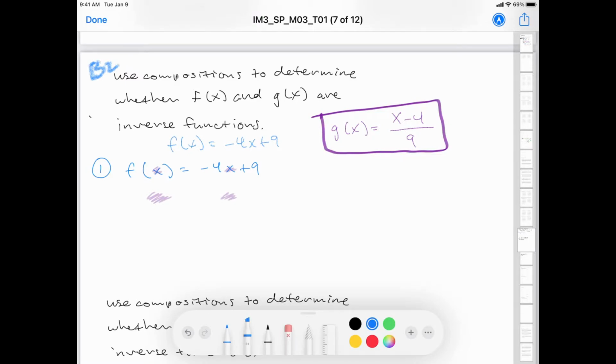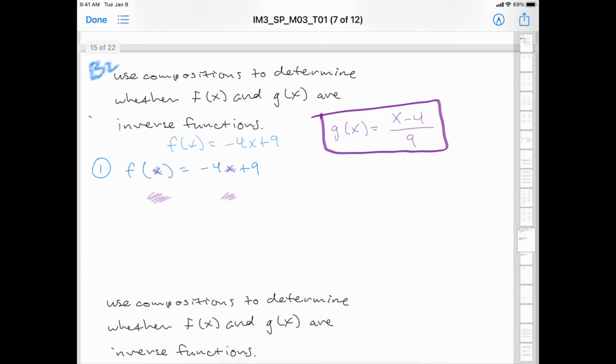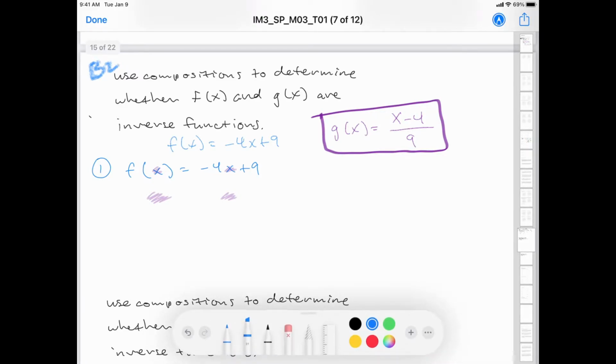So I have f negative 4 plus 9. Then using my purple, we can write g of x.